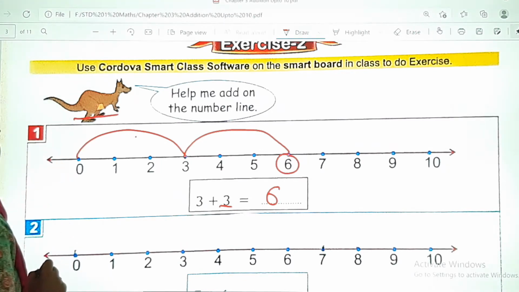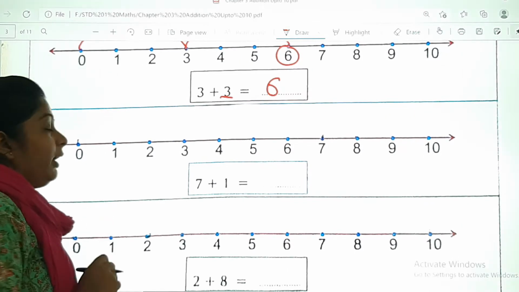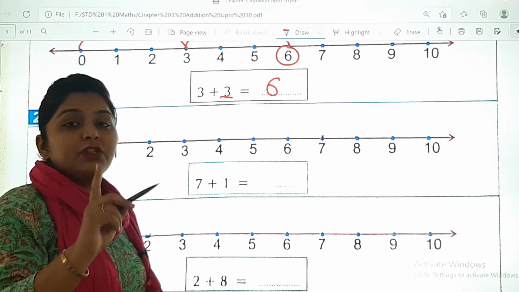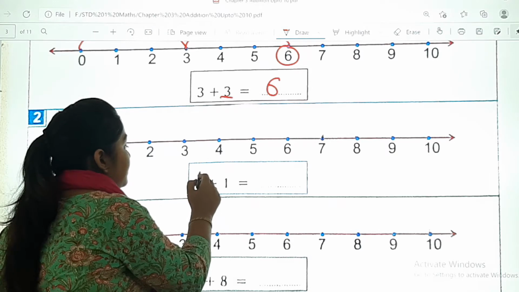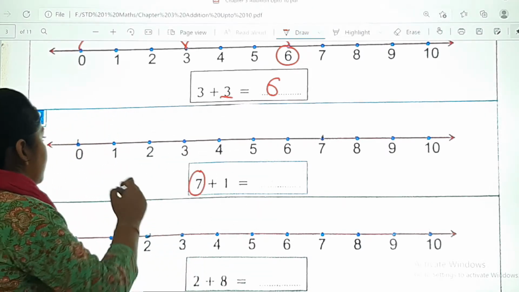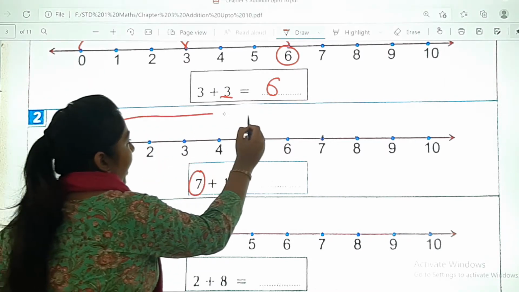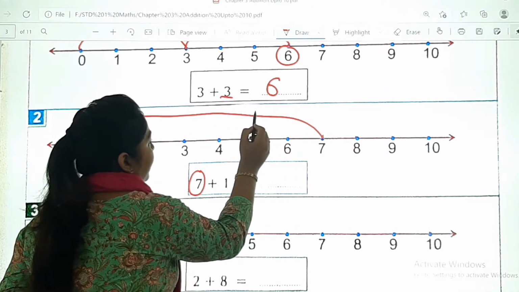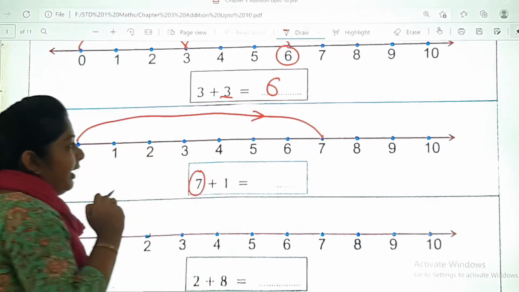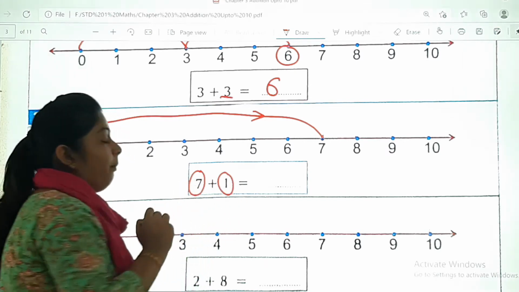Understood? Same in the next one. Now again, the kangaroo will first of all jump 7 times. It will jump up to number 7. So we will start from 0. 0, and where is 7? Here it is. You will make an arrow like this. Next, number 1.